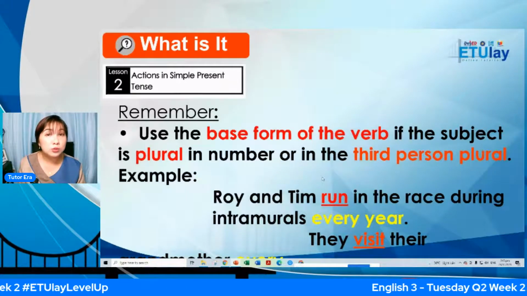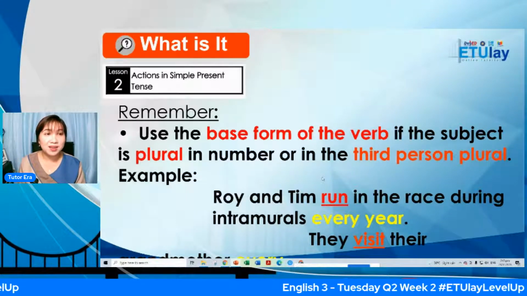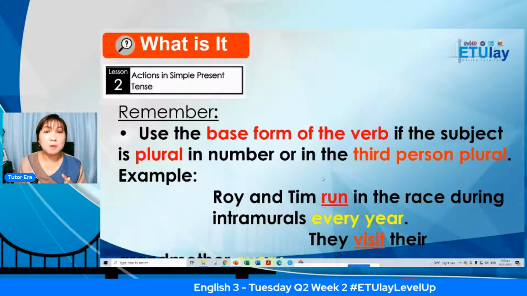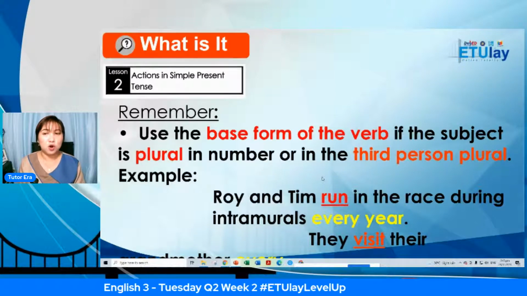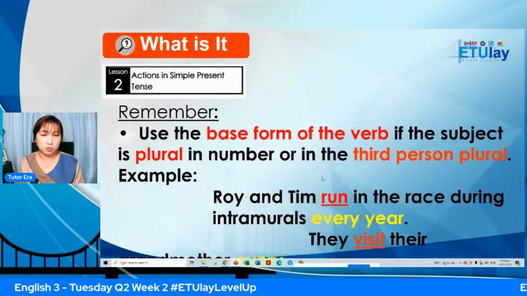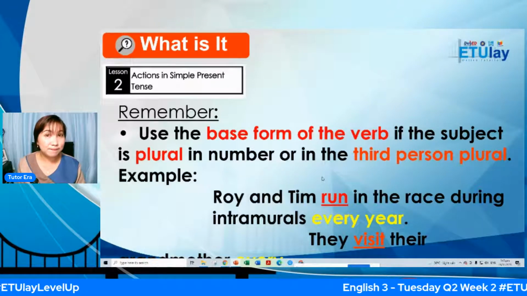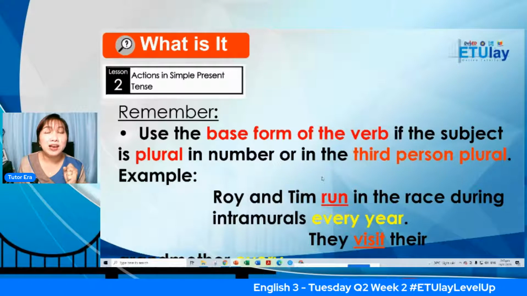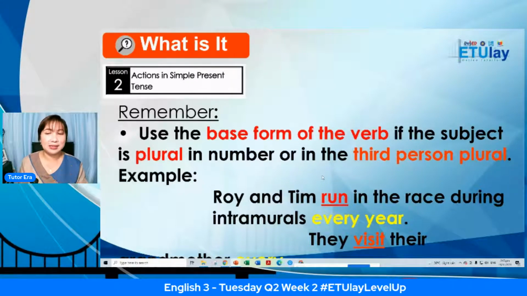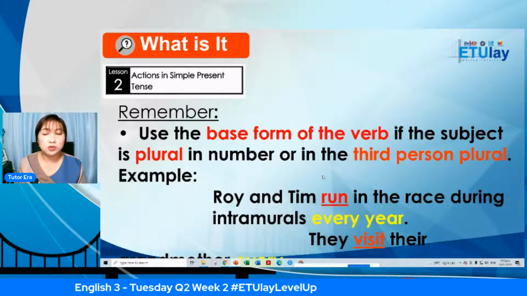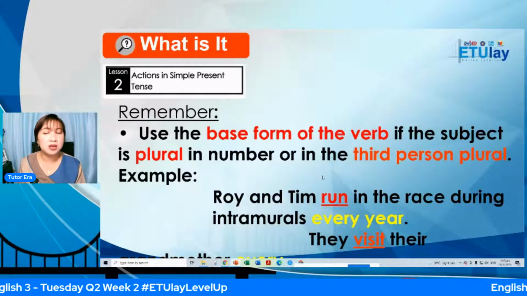You are going to use the base form of the verb if the subject is plural in number or in the third person plural. Example, Roy and Tim. How many subjects do we have? We have a plural subject, Roy and Tim, run in the race during intramurals every year.